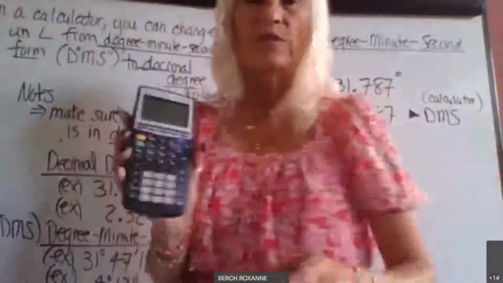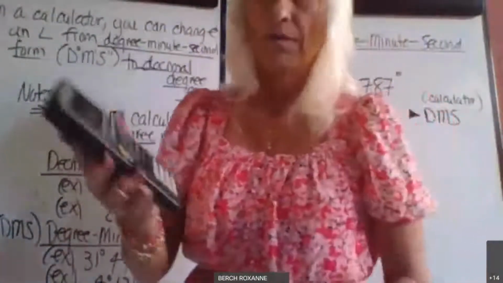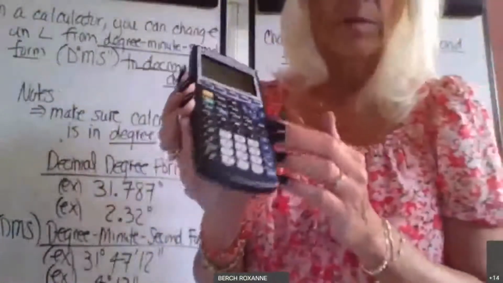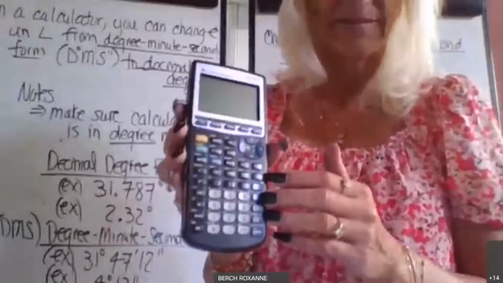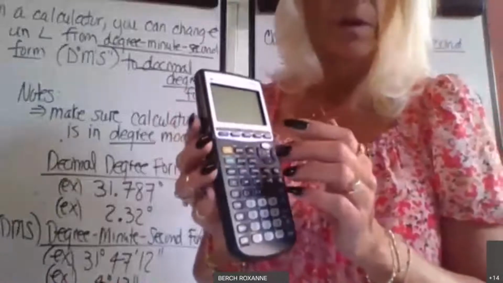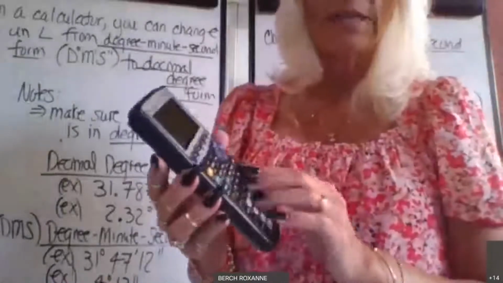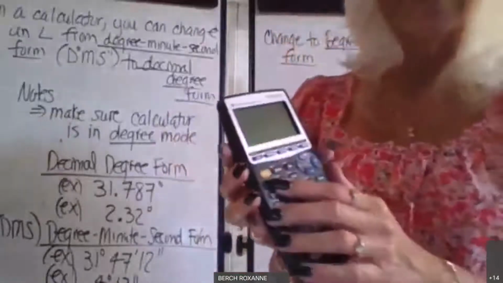There are 3 levels on the calculator. Pay attention. The first level is the white level. So if you notice, all the keys, for the most part, except the numbers, are white. The second level is the yellow level. So anything that has yellow is going to be on that level. And the third level is the green level.